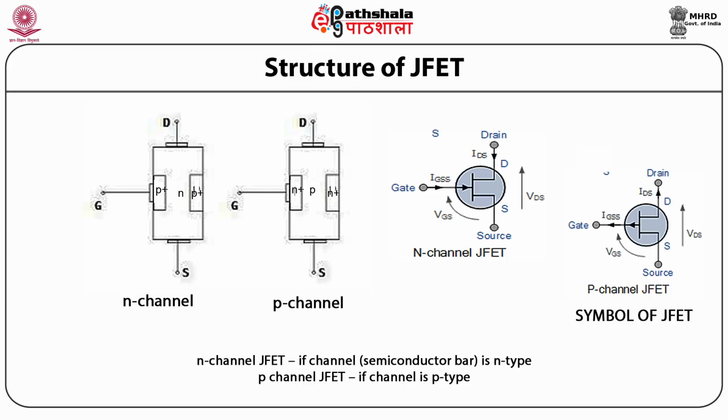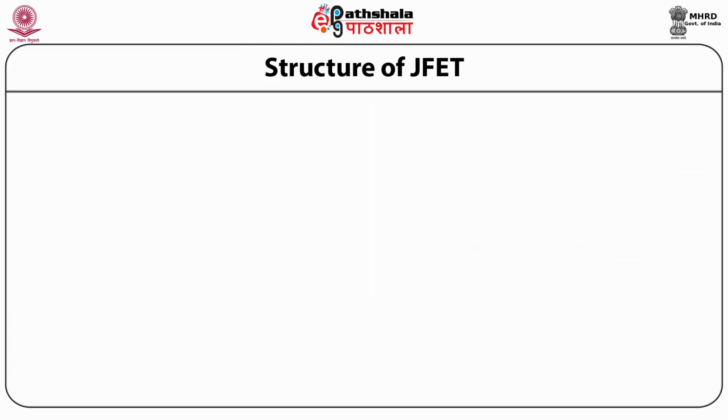So the drain current varies according to the variation in gate source voltage. It is an N-channel JFET if the channel or the semiconductor bar is N-type, and a P-channel JFET if the channel is P-type. Let us now focus on the N-channel JFET.